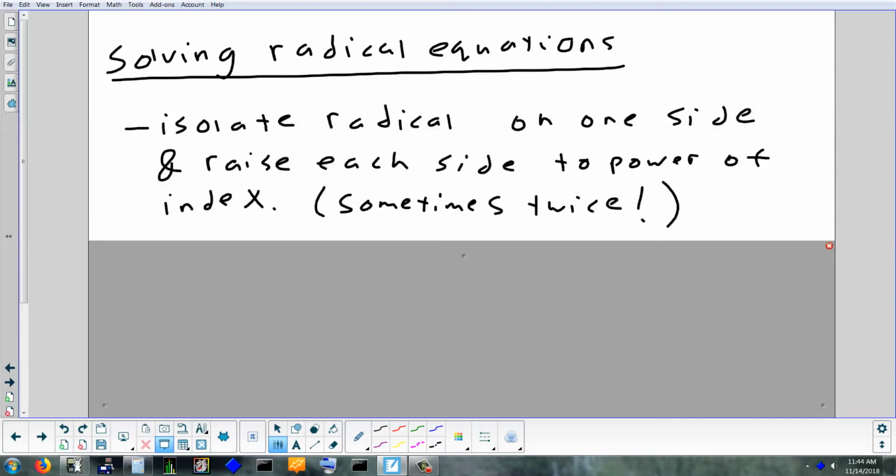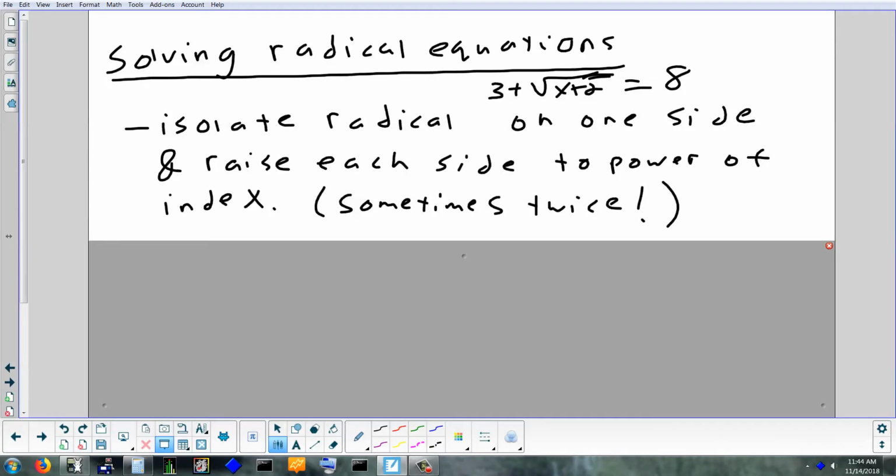So the way we have to do it is you've got to get the radical alone on one side. This is an example of one that's alone: square root of x plus 2 equals 8. The radical is all by itself. Here's an example of one that isn't. Now you've got something extra on the same side as the radical.